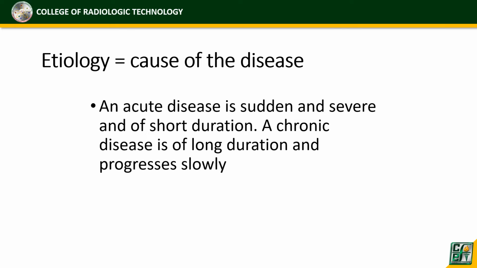However, it only lasted for a short time, let's say 3 hours. While when we say chronic headache, the person has been experiencing headache for let's say a week or a month. So that differentiates acute from chronic.